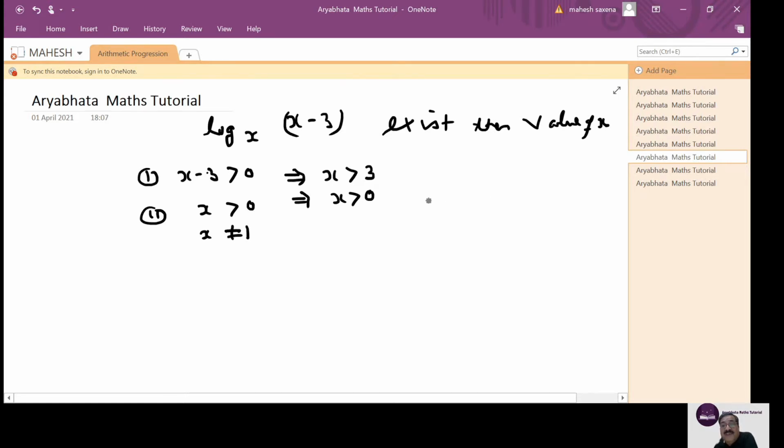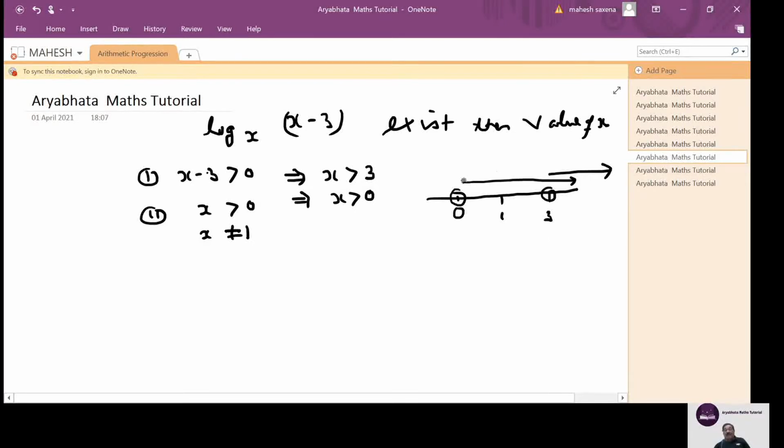These are the conditions. Now we take a number line. x equal to 0 is here, 1 is here, and 3 is here. Again, x is greater than 3. It means x should be here, but 3 cannot be here. x is greater than 0, x should be here.